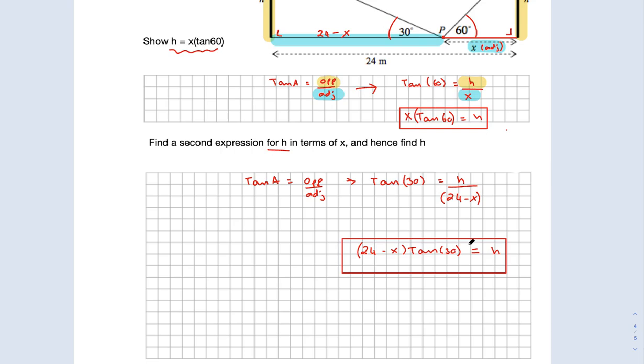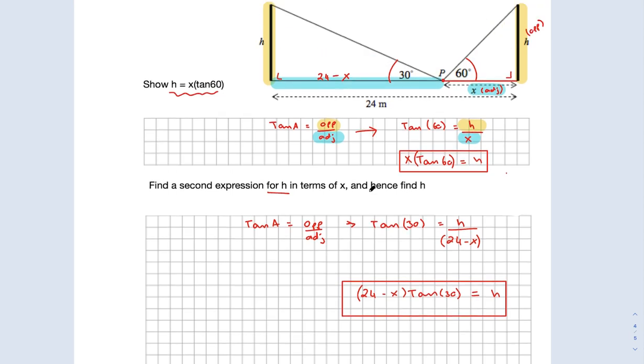Now that's another equation for h. It says hence find h. I've got a second expression for h, and the other one is also for h.